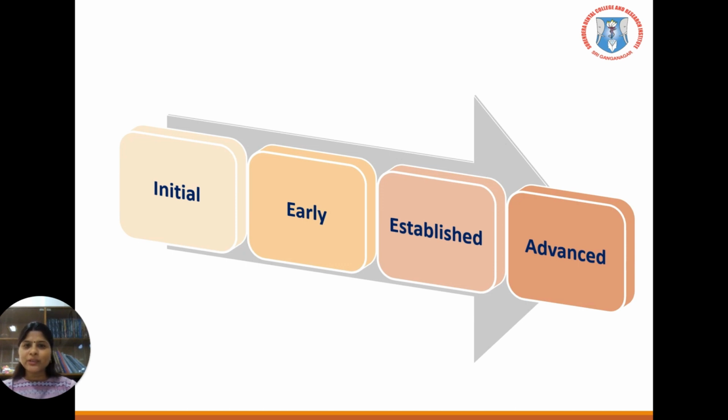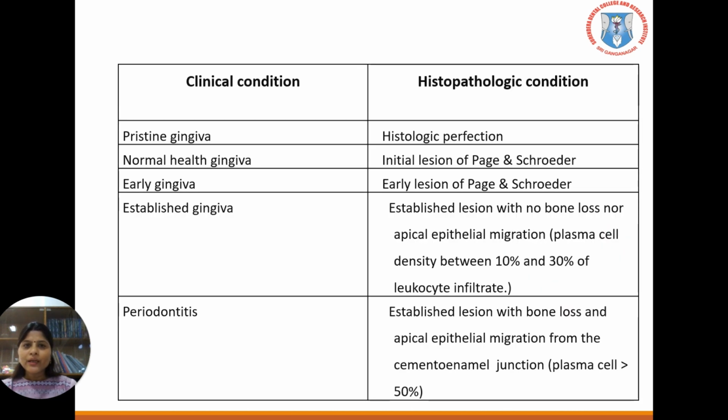Gingivitis, when it develops in response to the plaque, is an inflammation. There is a sequence of events during these inflammatory changes, and the stages of inflammation include initial, early, established and advanced. When there is histologically no change in the gingiva and clinically we do not find any finding, it is called the pristine gingiva, that is the super healthy gingiva.